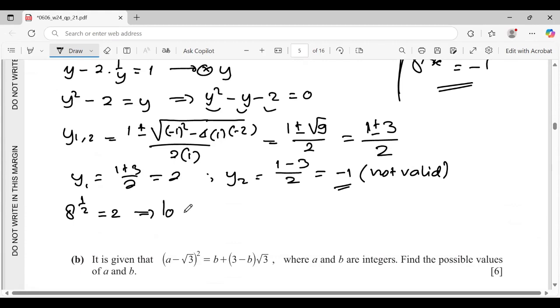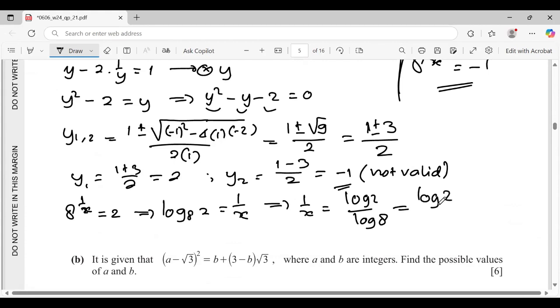So log base 8 of 2 equals 1 over x. So it means 1 over x equals log 2 over log 8, or log 2 over log of 2 cubed. 2 cubed like this, so it becomes 1 over 3.